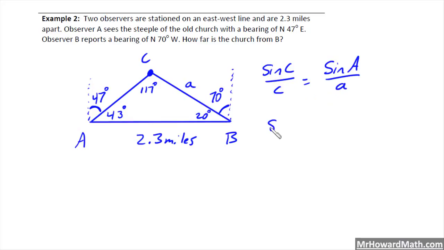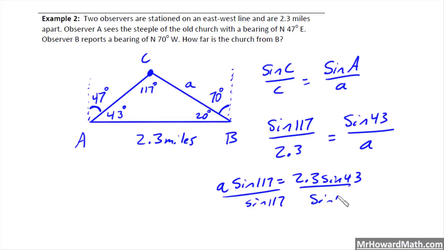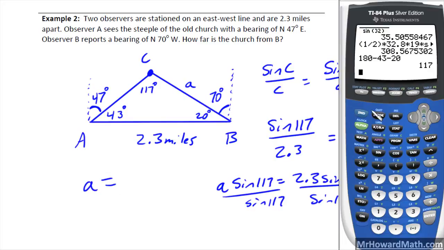So sine of C would be sine of 117 degrees over side length C is 2.3 is equal to sine of angle A, so sine of 43 degrees over side length A, which is the missing part. So cross multiply, we get A sine 117 equals 2.3 sine of 43. Solve for A here, so we'll divide by sine 117, and we get side A is equal to that right there.